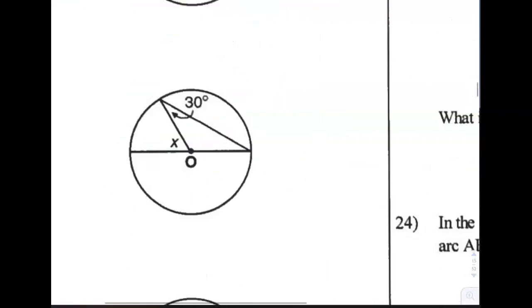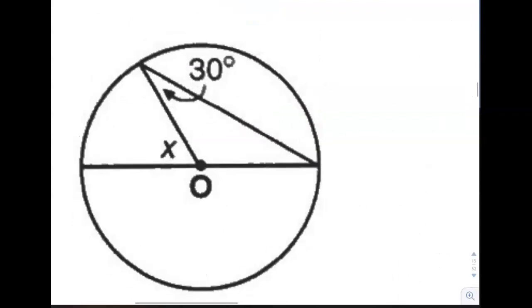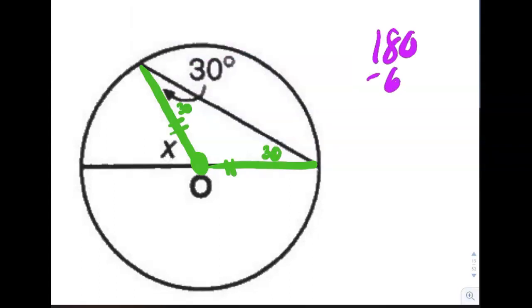19 looks fun. Maybe you noticed isosceles right away, right? Here's a radius. Here's a radius, which means that's the same as that. If this is 30, which it told us, right? Then that's 30. 30 and 30 is 60. So what's left?